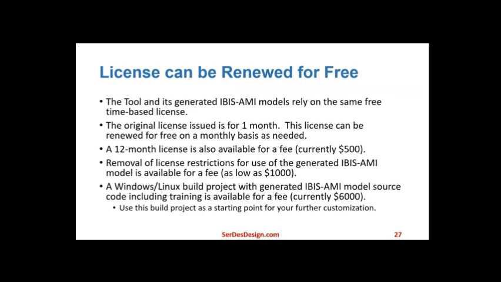The removal of the license restrictions for the generated IBIS-AMI model so that the IBIS-AMI model can be used on any Windows Linux computer is also available for a fee. The source code with a build project can also be obtained. The build project can be used on Windows and Linux, and it's available for a fee. And this build project can be used as a starting point for your further customization.